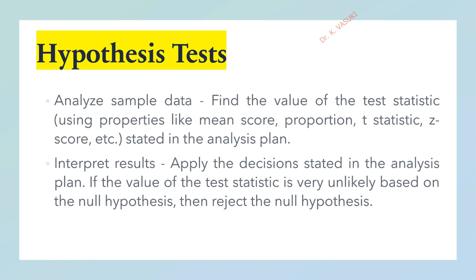Then interpret the result. While testing, as a researcher, we would like to test our hypothesis at 0.05 level of significance. So, based on the p-value, we are going to state whether it is significant or not.